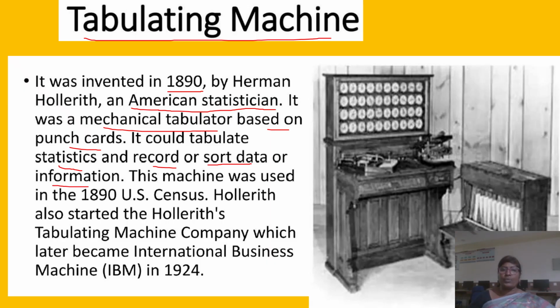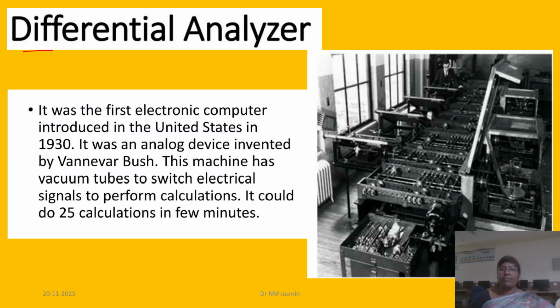This machine was used in the 1890 US Census. Hollerith also started the Tabulating Machine Company, which later became the International Business Machines, that is IBM, in the year 1924.